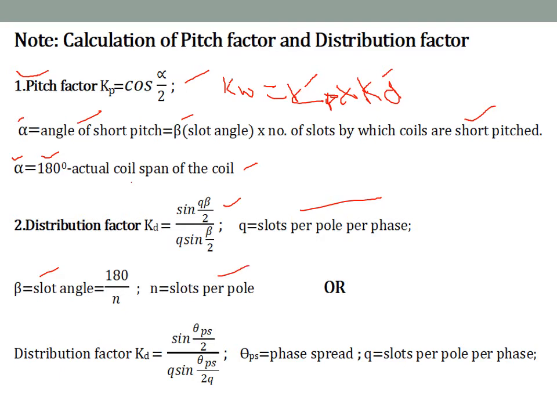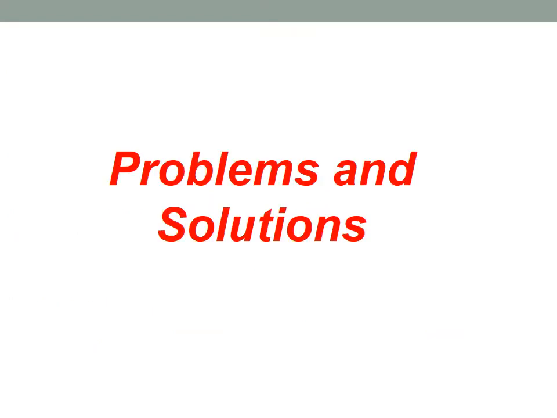So finally distribution factor Kd is obtained using this equation: sin theta PS by 2 divided by Q sin theta PS by 2Q. What is theta PS? Theta PS is the phase spread that will be given in the problem. Q is the slots per pole per phase. Okay, we'll see now some of the problems and solutions for those problems.